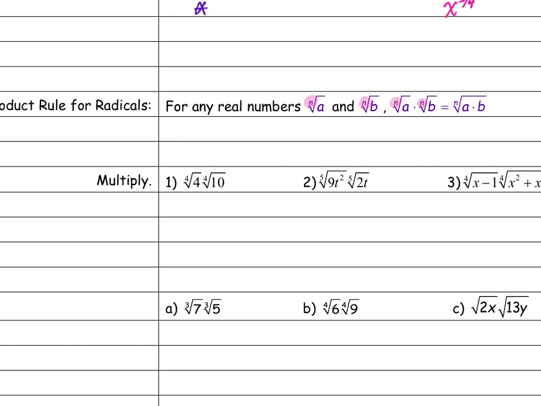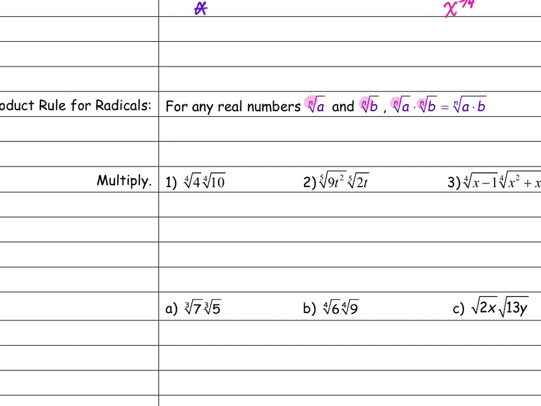So I can't multiply a square root and a cubed root together. The nth roots have to be the same, and then I can multiply what's underneath together. If they're not the same, I can't do that. Are we all right with that? Can you get them to be the same? No. That's a difficult question.